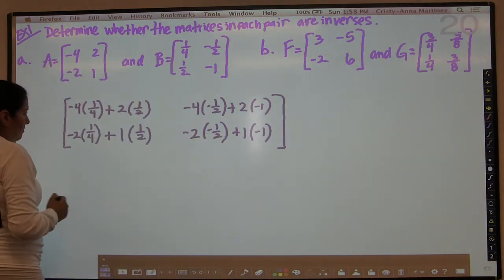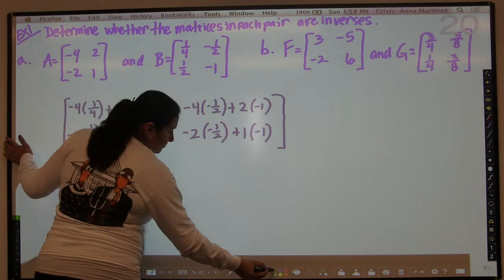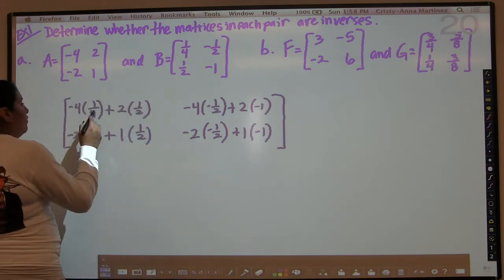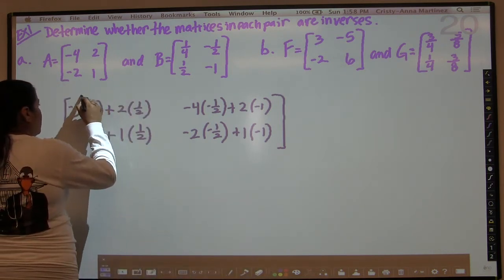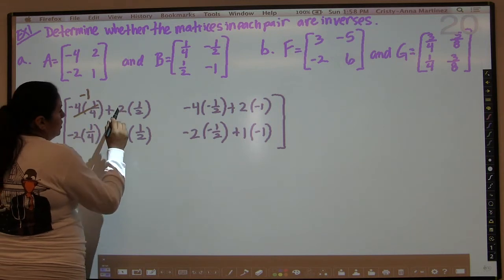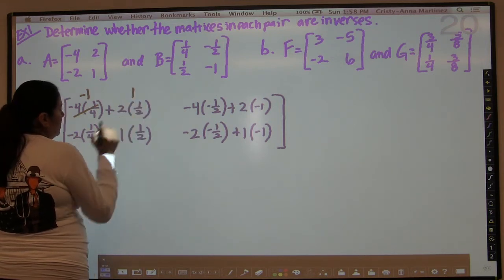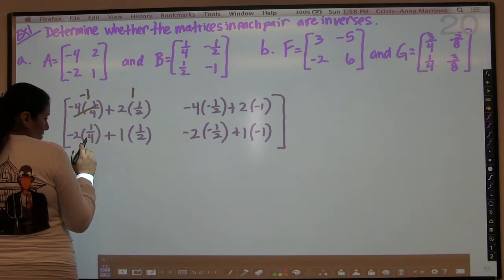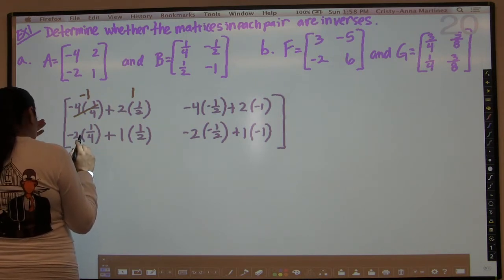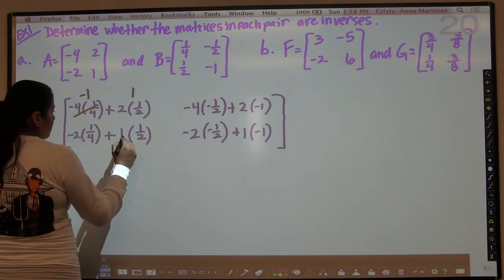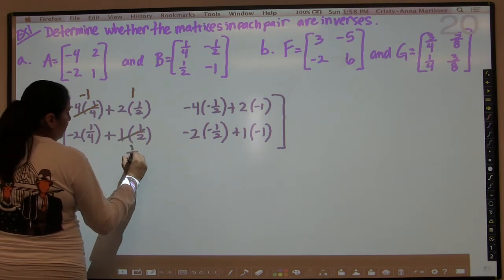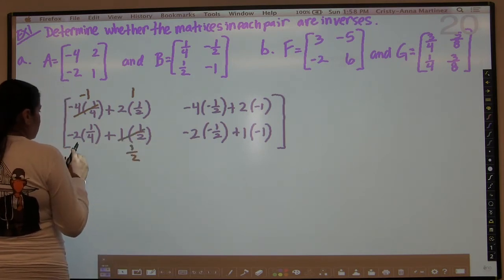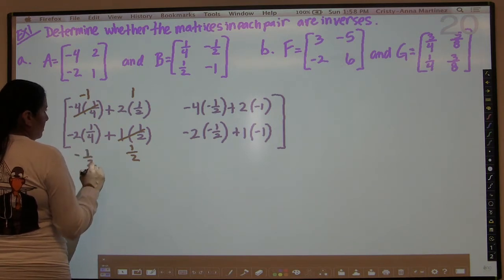And so when I simplify this stuff, -4 times 1/4 is going to just be -1. 2 times 1/2 is going to be +1. And then here I'm going to get -2 divided by 4, which is going to be, excuse me, this is 1/2. And then this is going to be -1/2.